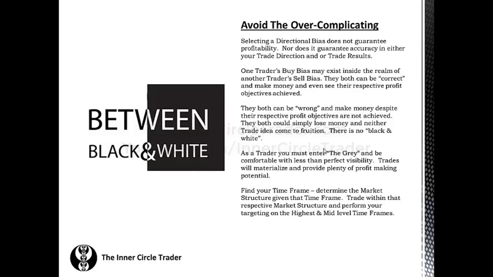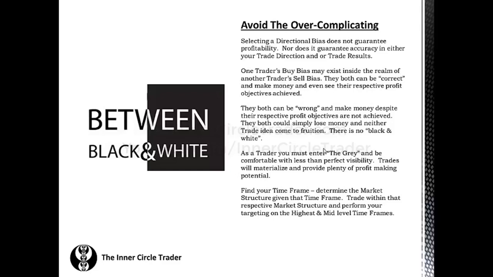Okay, so selecting a directional bias does not guarantee profitability. It's very important you understand that. Nor does it guarantee accuracy in either your trade direction and/or your trade results. One trader's bias may be bullish, okay, they're looking for buys, and that may exist inside the realm of another trader's sell bias.